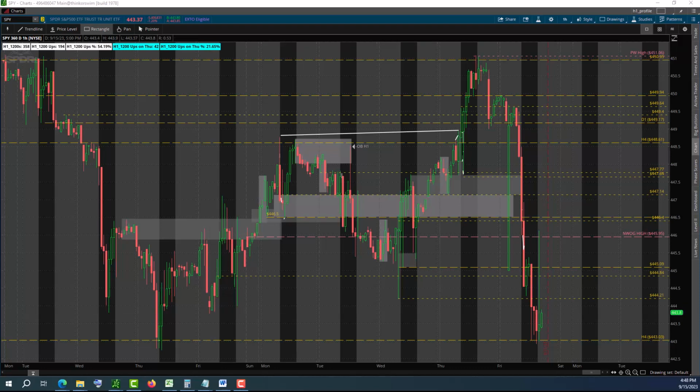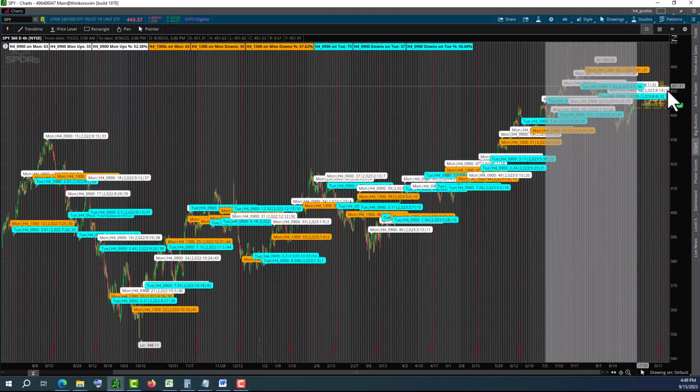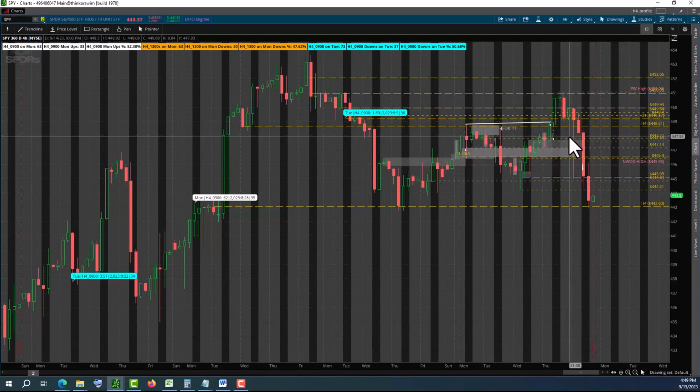Okay, let's look at the 4 hour time frame right here. Let's open the 4 hour time frame. Okay, here's the 4 hour time frame. So we see it's a very dark close candle with a long wick right there.